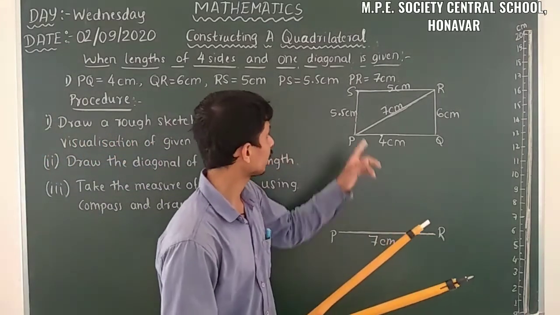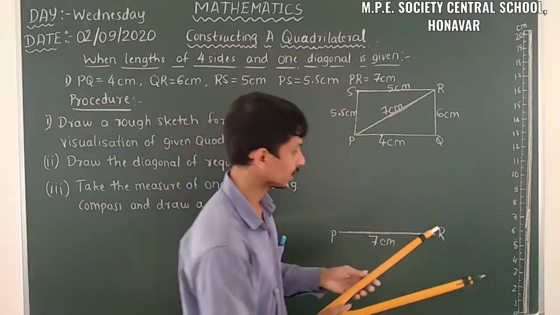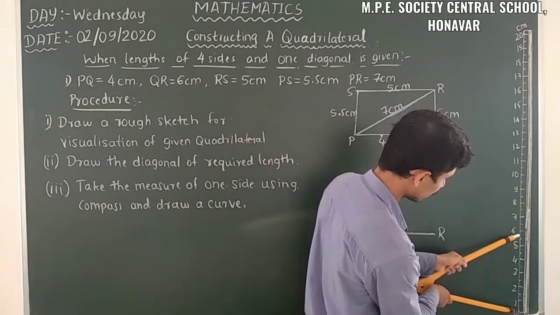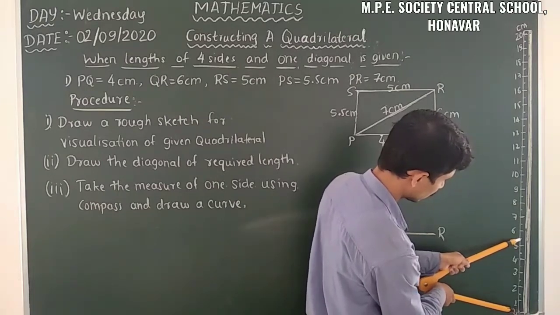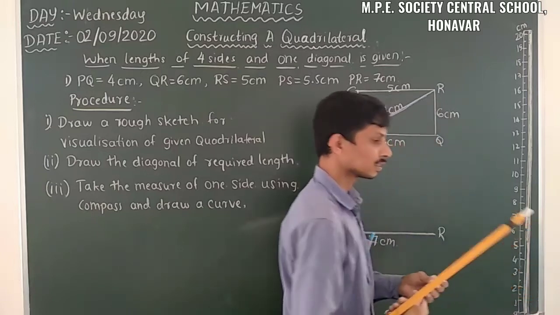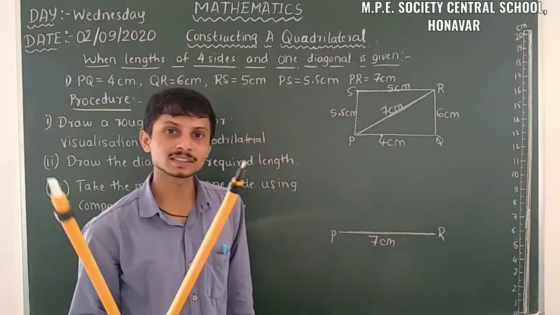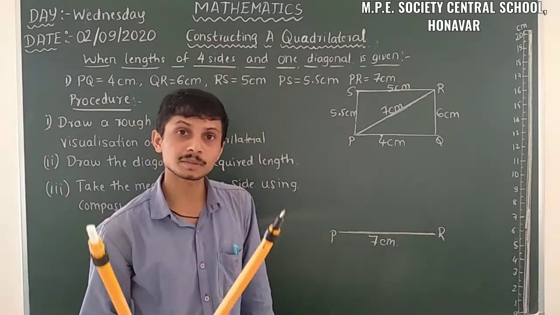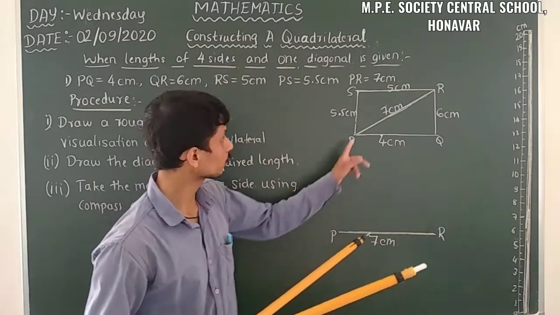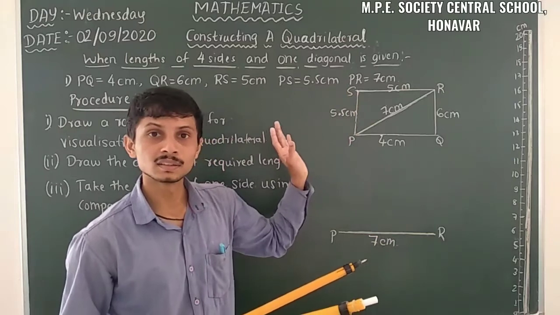Here I have to take 5.5 centimeter. Here is my scale, 5.5 centimeter is here. So this is the length of 5.5 centimeter. Take the exact measurement in your notebook. We want the PS length.